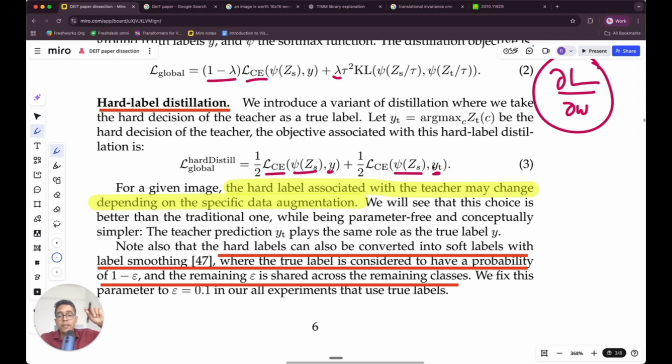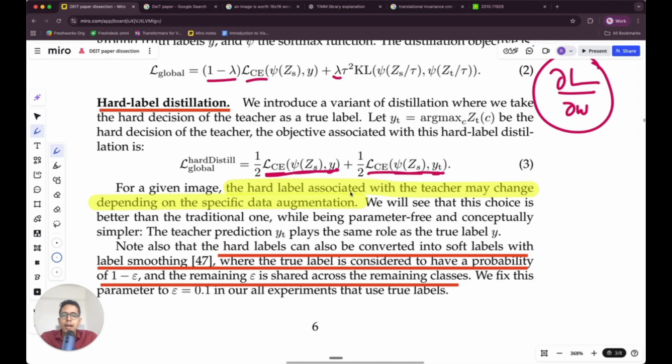Here you are saying whatever the teacher says as the highest number, that is the ground truth. So if the teacher thinks 80% this is a cat, then I will say that the ground truth is cat for this particular term. And then 50-50. So half of the contribution to the final hard distillation global loss comes from the actual ground truth term, and the remaining half of the loss will come due to the teacher-based ground truth.